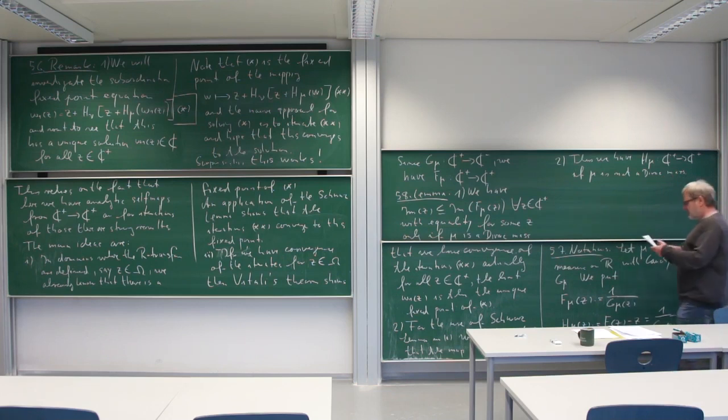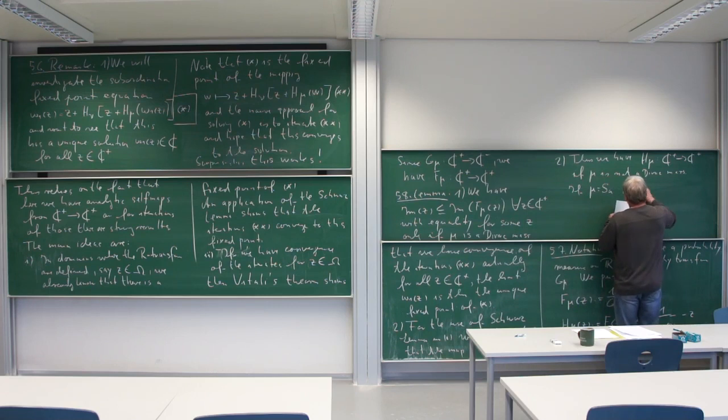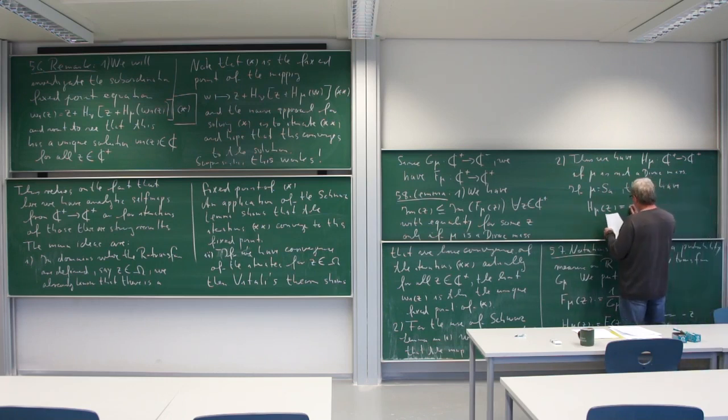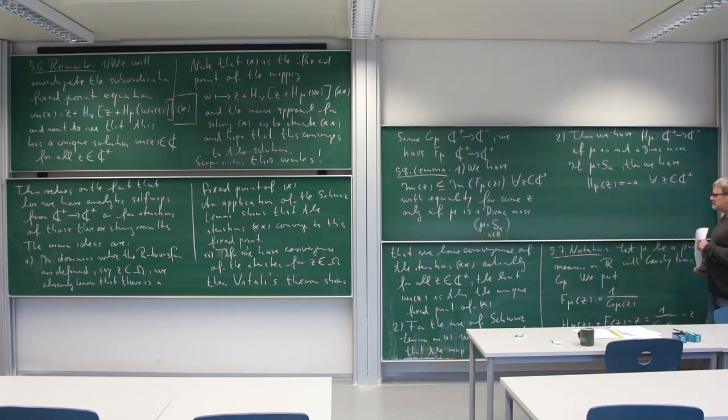Then it's also something which is not so bad. So if mu is of the form delta A, then we have H mu of z. Then it might take real values on the real line, and actually it does. So maybe it is constant, equal to minus A, for z in C plus. Okay.